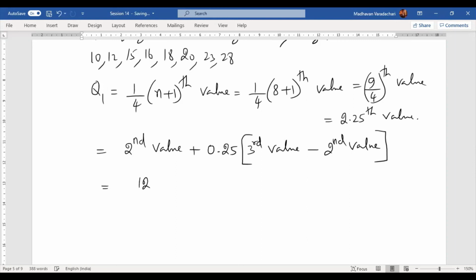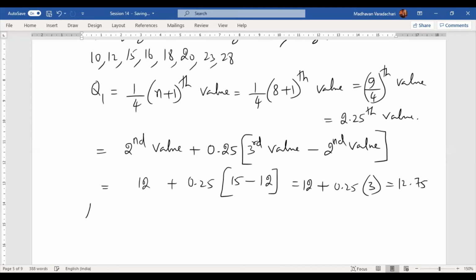So 12 plus 0.25 times third value, which is 15, minus second value, 12. So this is 12 plus 0.25 times 3. What is that? It is 0.75, isn't it? 3/4 is 0.75. So we will get 12.75.